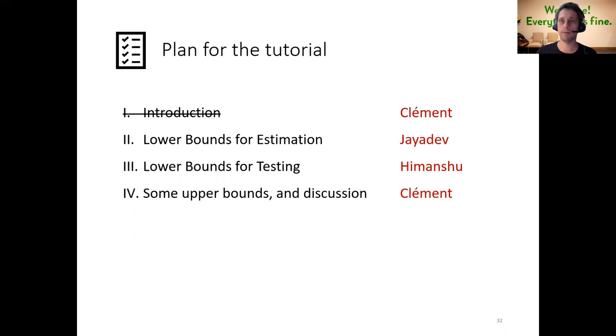The third part will be by Himanshu Tyagi, and this will be the counterpart, but for testing. So general techniques to prove lower bounds for hypothesis testing in this distributed, locally constrained setting. And finally, the fourth part, I'm going to be back to complement those lower bounds by upper bounds. It's hard to prove something is tight if you don't have both sides, and give some discussion and a few open problems.